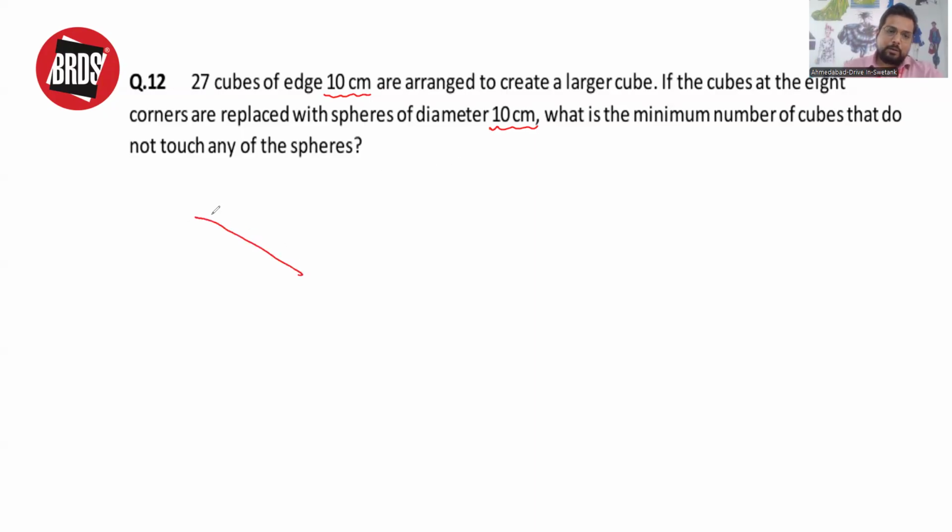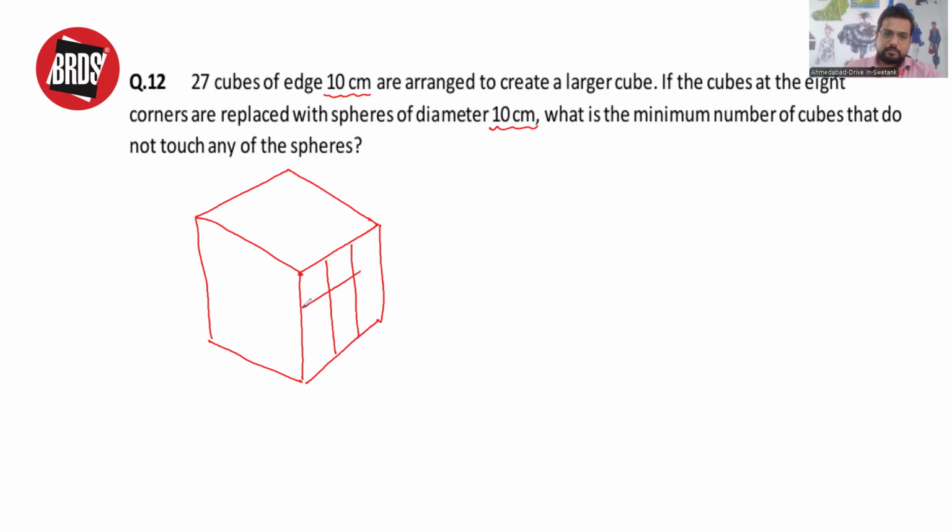So just think about it. If I'm drawing a cube like this, you do not have to actually draw it on paper. Just by visualization, you could also solve this question. But if you want to draw it, I'm replacing all these corners with spheres, and similarly all the others, including the opposite corner.